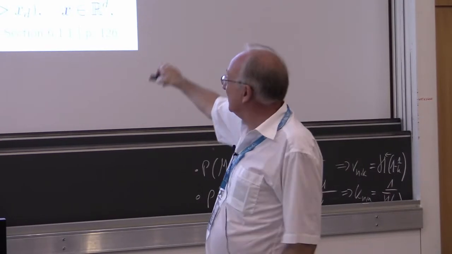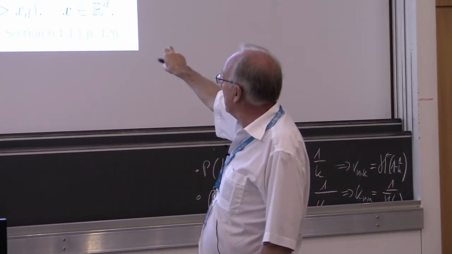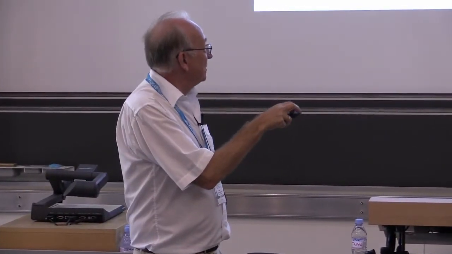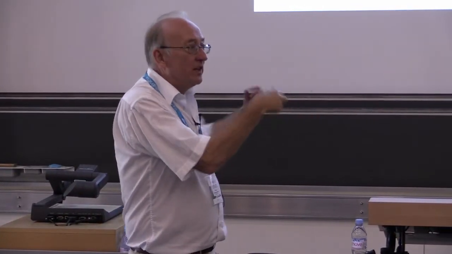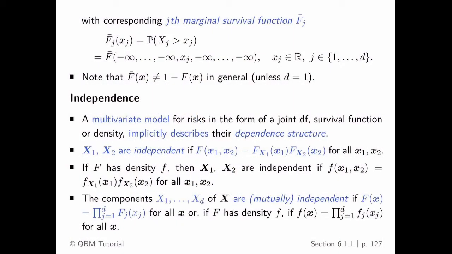And in medical statistics, the probability that patient 1 lives longer than 1 year up to patient D lives longer than 1 year, if they're all 1. Or if you think of default probabilities, the probability that the time to default is larger than x1 to xd for each of the D components. So I'm just saying that this function is typically very important in risk management. We will occasionally use it.